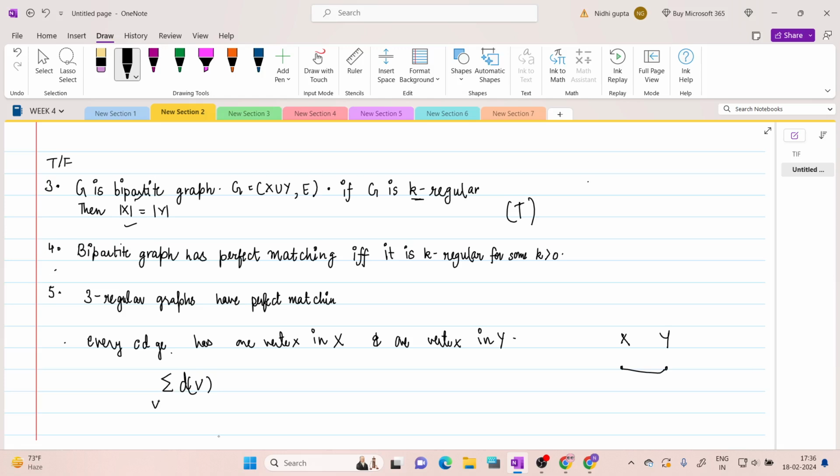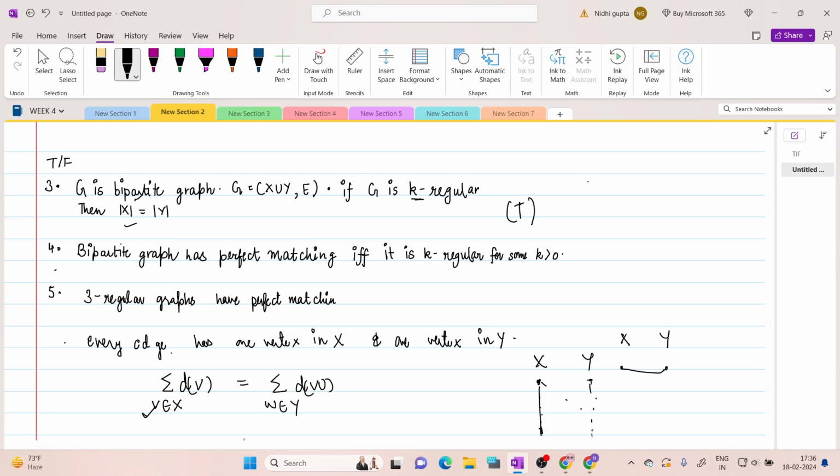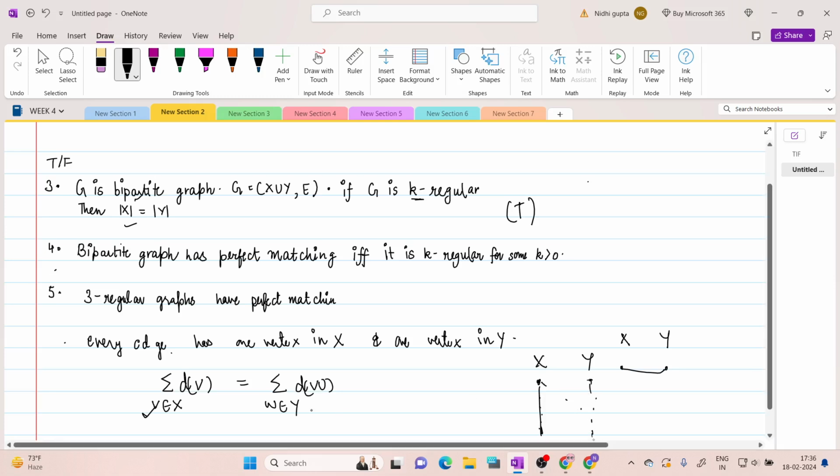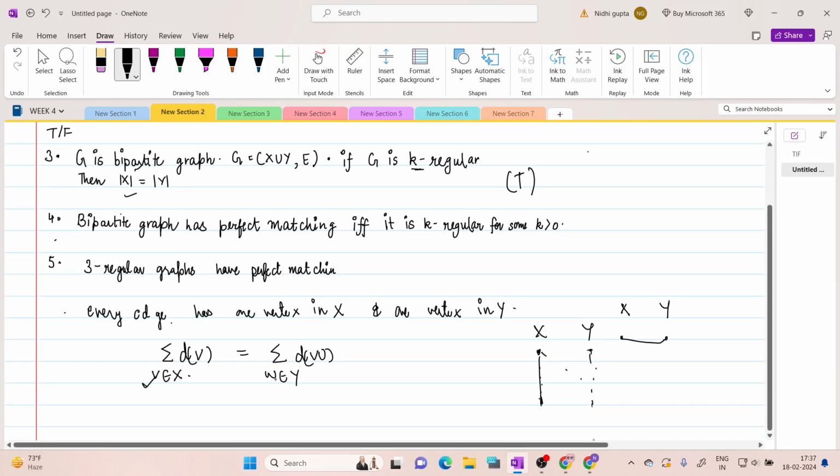Degree of V belonging to X is equal to degree of W belonging to Y. If we sum up all the degrees, so we have this graph X to Y, if we sum up all the degrees of vertices in X, this is my LHS. And now we have Y. If I sum up each degree in Y, can we say that these two things will be equal? Yes. If yes, why?